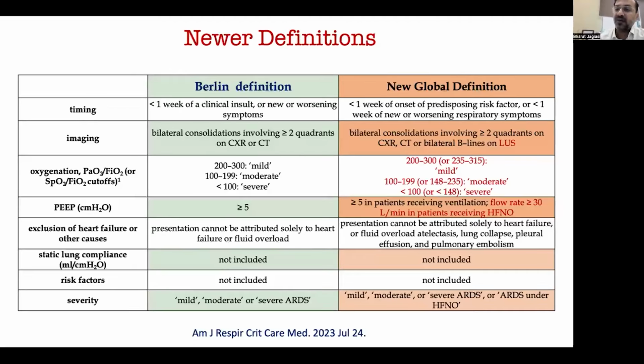As per the Berlin definition, as we don't apply PEEP in HFNC, a patient could not be defined or labeled as an ARDS patient. This is where the new global definition brought in a flow rate of more than 30 liters per minute if the patient is receiving HFNO. So even if the patient is on HFNO, as per the new global definition, we can define that patient as an ARDS patient.